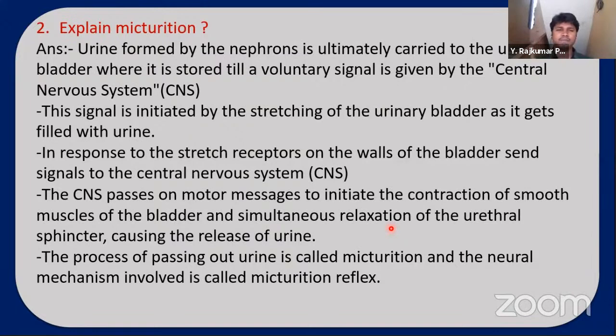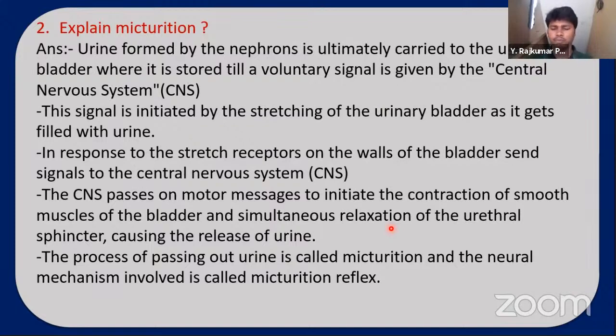The first step is, when the urine is filled in the urinary bladder, the stretch receptors present on the walls of the urinary bladder pass on the stimulus to the central nervous system. The central nervous system initiates the signals for the contraction of smooth muscles in the urinary bladder, so that the urination, passing of urine, takes place.